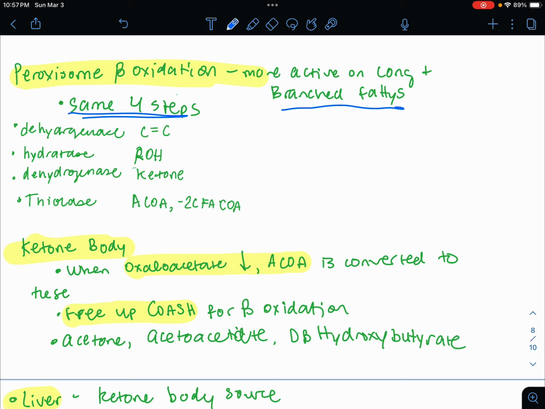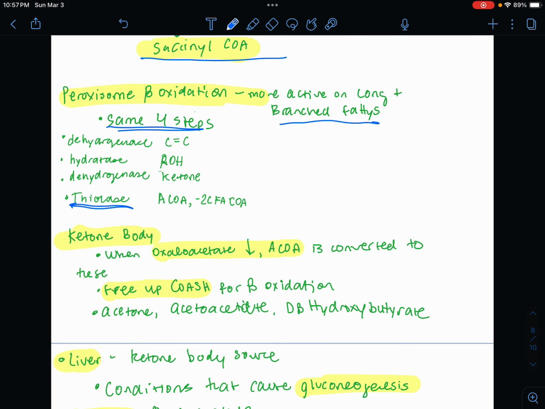Hydratase will turn that carbon-carbon double bond into an alcohol. I'm going to add water in that step. And then remember dehydrogenase as step 3, that's going to turn that alcohol into a ketone. And then thiolase is our final step that's going to split it into acetyl-CoA and a fatty acyl-CoA that is 2 carbons less than your starting fatty acyl-CoA.